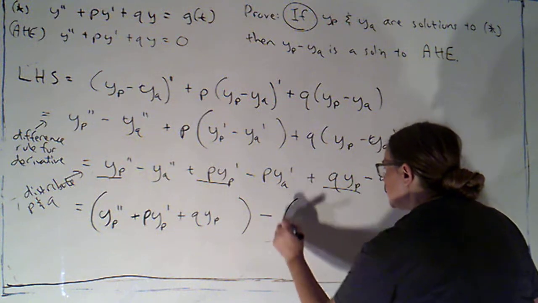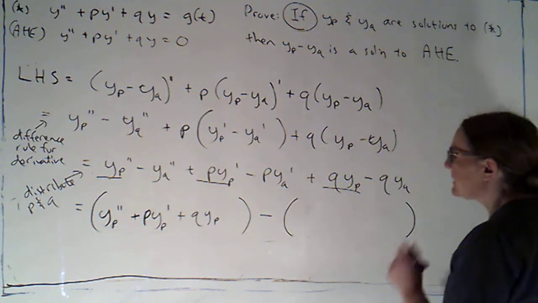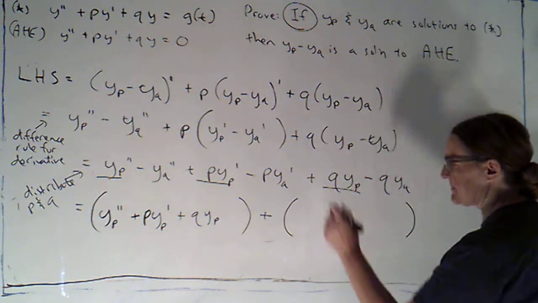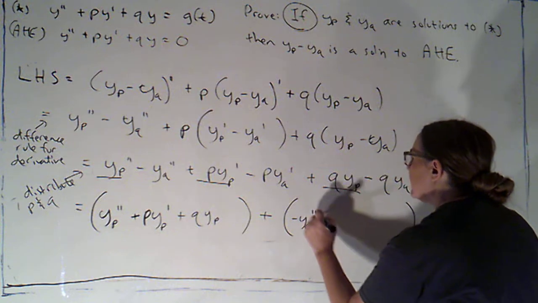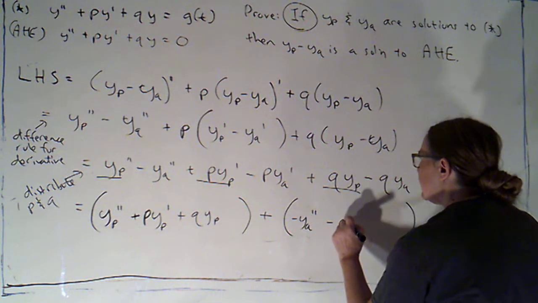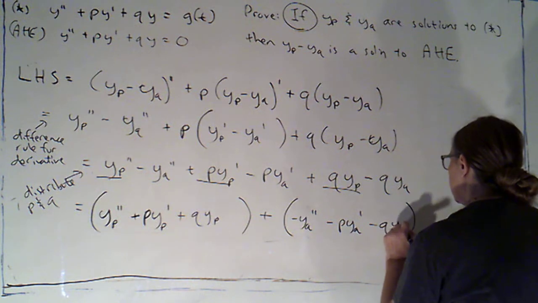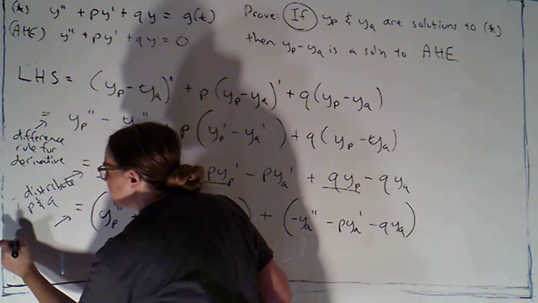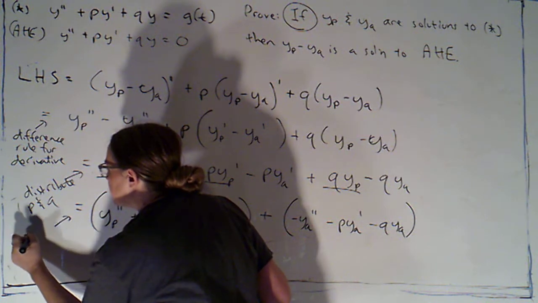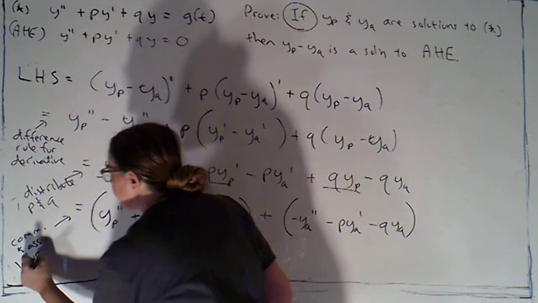And then these terms, well, they're all being subtracted. I could, if I want to, factor out that negative. Let's actually do this in 2 steps. So I'm going to say this is plus negative yq double prime minus p yq prime minus q yq. So there I just rearranged the terms, again using the commutative and associative laws.